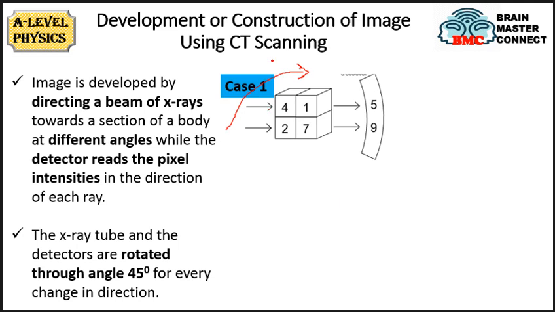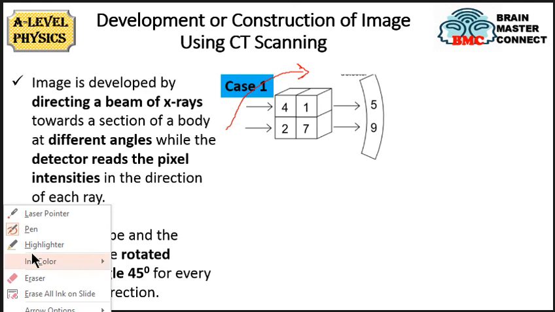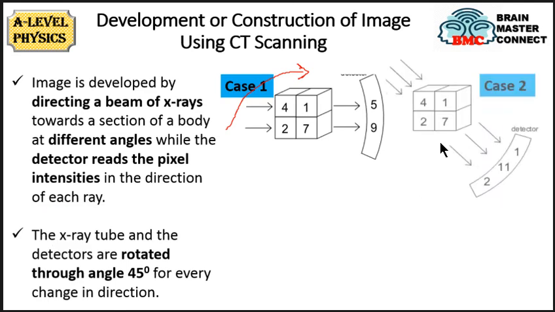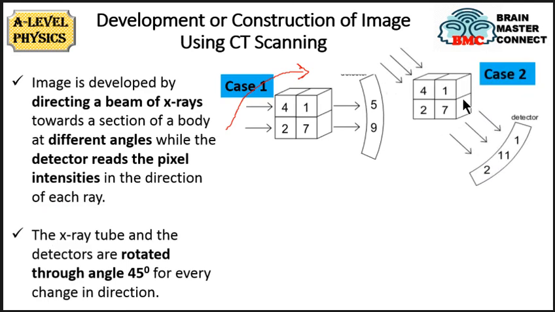Okay, so if that happens, the x-ray beam will now be striking 2, 4, and 1. An example of that is this. This is what I'm saying exactly.